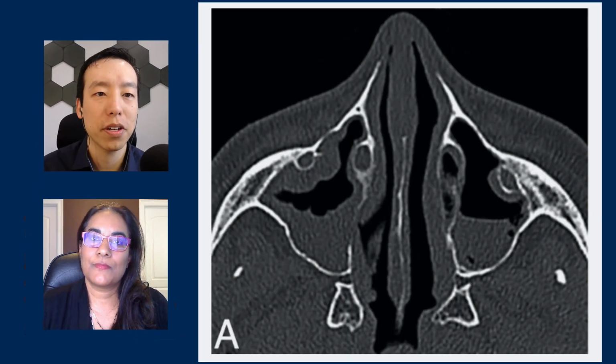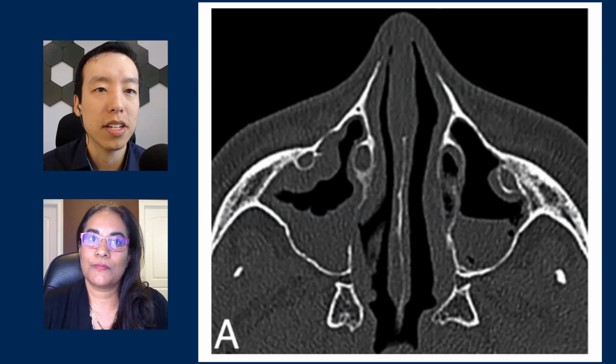I want to go through a couple of exemplary cases that you had in your figure and allow you to comment on what you think is practical to highlight from these cases. Figure part A was a 69-year-old with multiple myeloma who presented with nasal congestion, facial pain, and postnasal drip, so clinical symptoms of sinusitis.